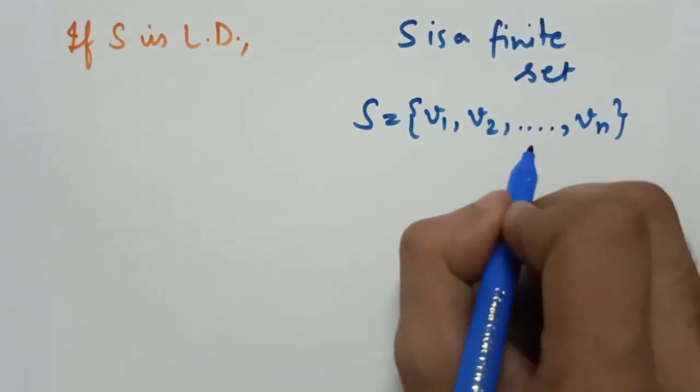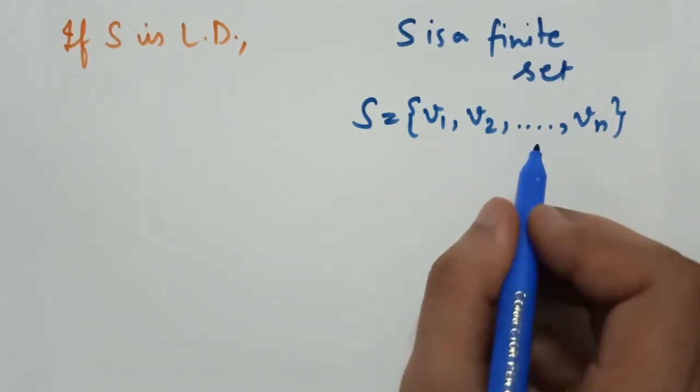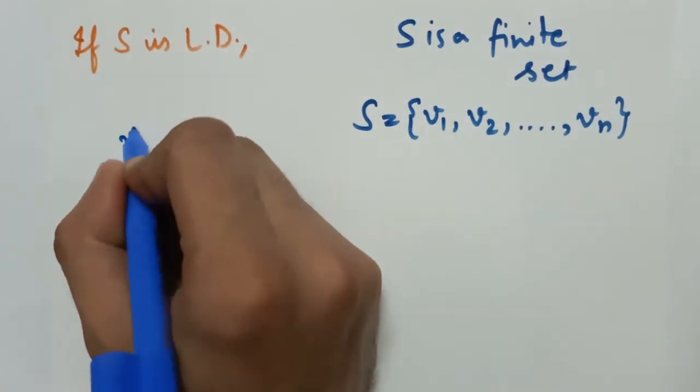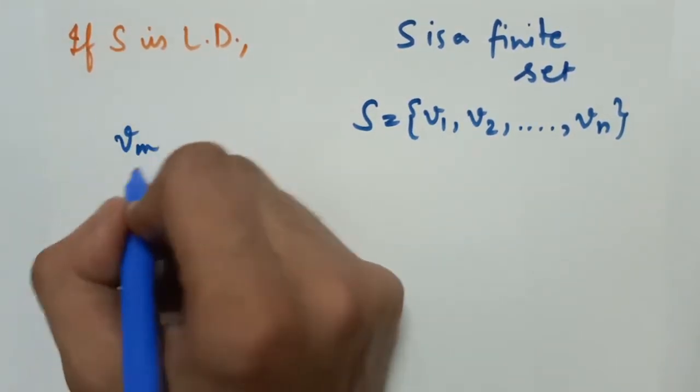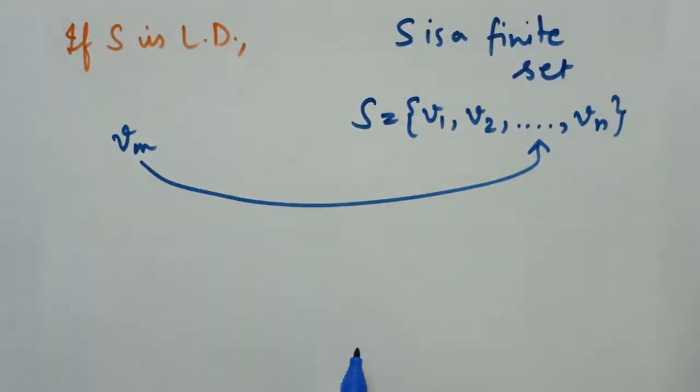So it is a finite subset of the vector space V over F, as there are n elements in it. If S is linearly dependent, the vector, let us consider Vm, which is present somewhere in the subset S, must be a linear combination of the other elements of S, of course.